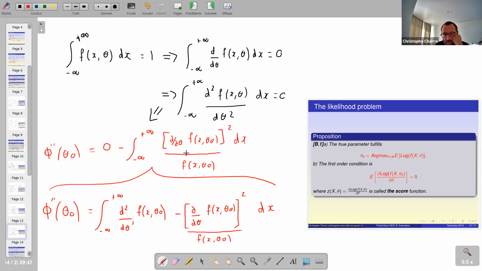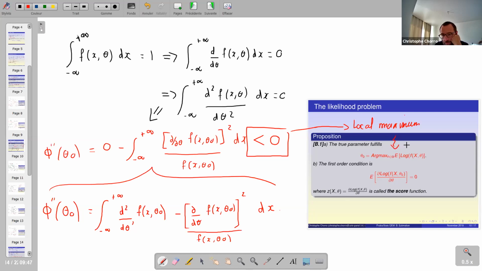Inside here you have something that is a square, so it is positive. You have a density that is positive, and you have a minus before, so you have something that is strictly negative here. Since I have a second derivative, you have a local maximum.